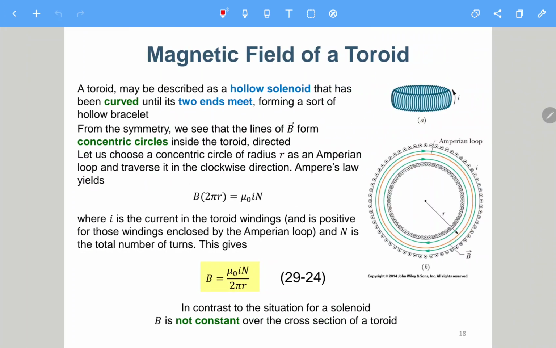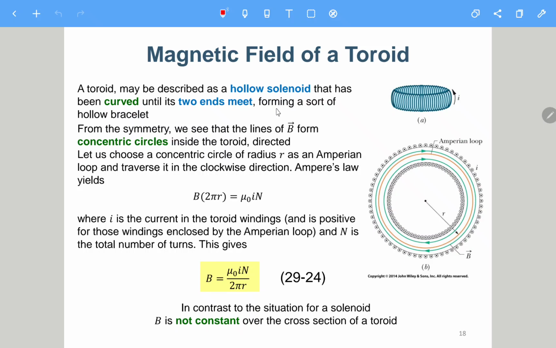Yeah, so we have another thing called the toroid. Just now we had the solenoid, and this one is called the toroid. It is described as a hollow 空心的 solenoid that has been curved until its two ends meet.